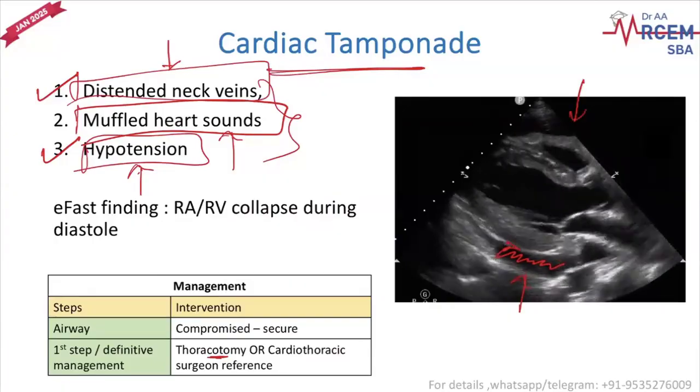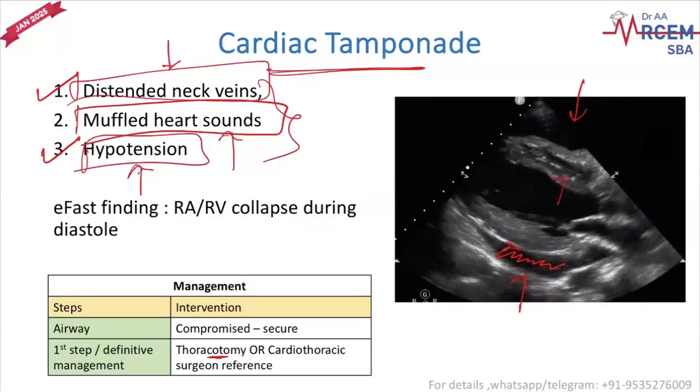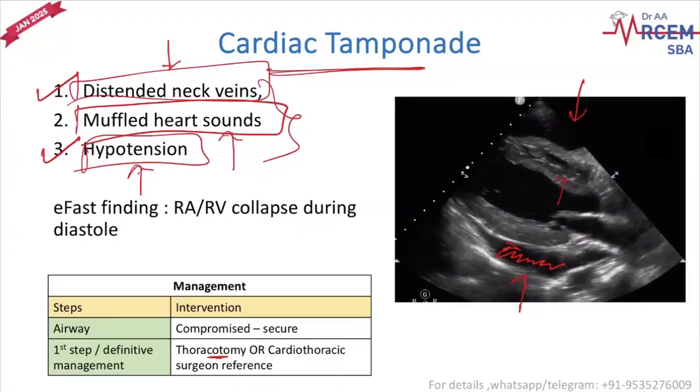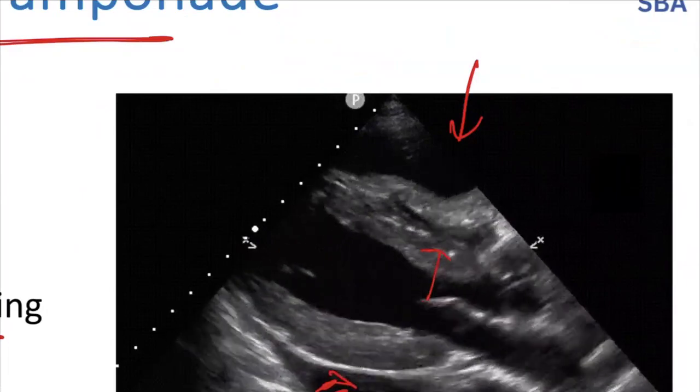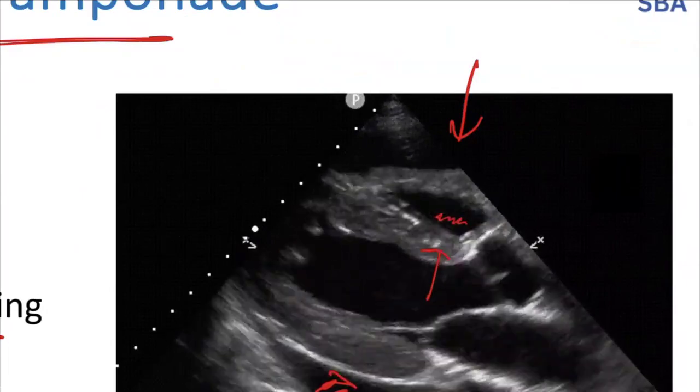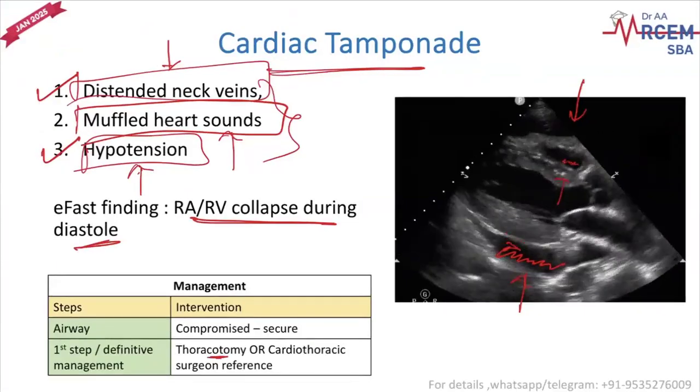And if you notice collapse of the RA and RV during diastole, it is labeled as cardiac tamponade. This is the EFAST finding which will label it as cardiac tamponade. You can see here closely that it is getting completely collapsed during the diastole.